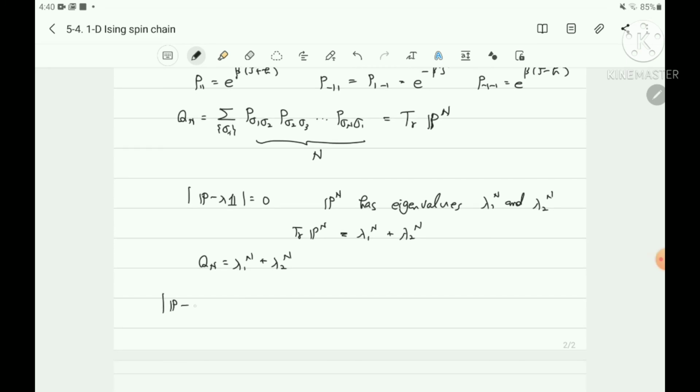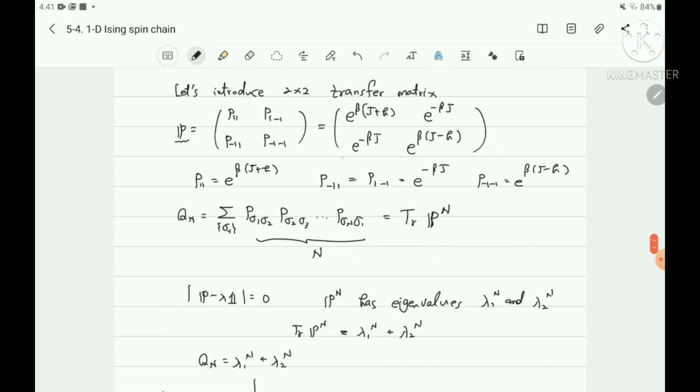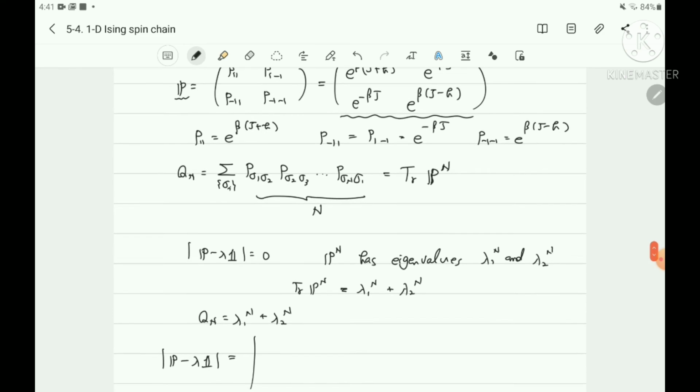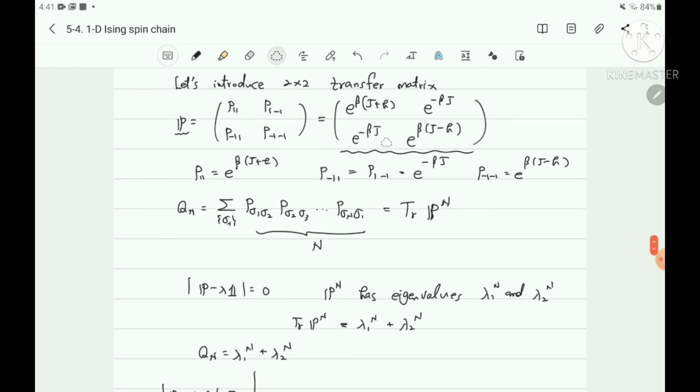Therefore, let's calculate the determinant of the secular equation. P is this matrix, so let's copy this matrix.